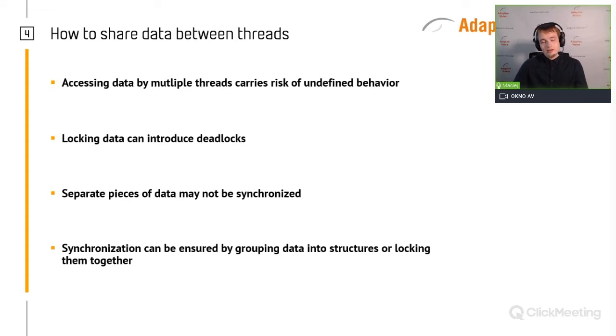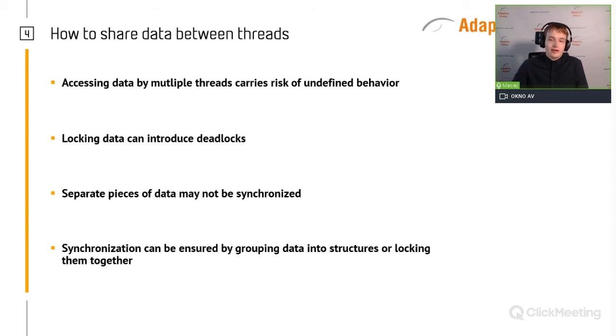Related to that is the issue of synchronization, where we have several variables that we expect to be from the same iteration, but it may be possible for the other thread to access them and modify some of them, which is basically the same thing as the locking variable problem, when we have data from different iterations at the same time.